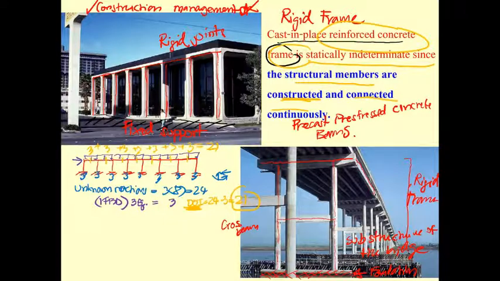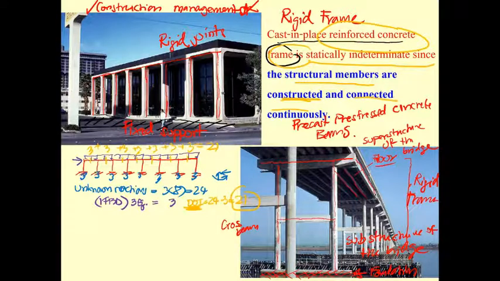After you finish putting this one, you can cast the floor and the other things into this structure. This part of the bridge we call the superstructure of the bridge.